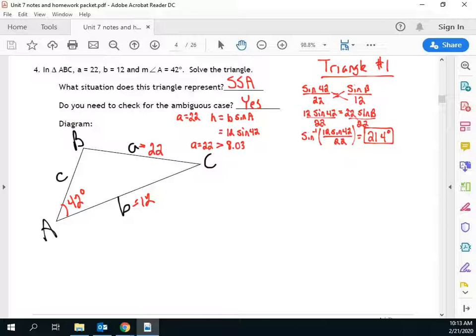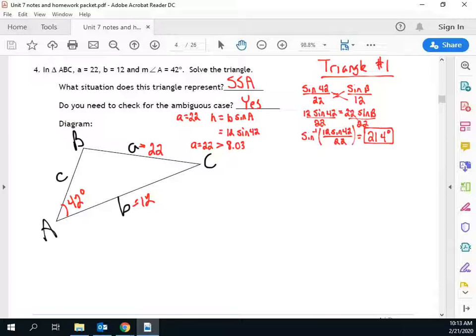We got an answer, so we know that a triangle does exist. Whether it's 1 or 2, we don't know yet, but we did get an answer here. If we had no triangle, we would have an error here, and we'd move on and say no triangle exists. This one we do have an answer, so that does exist. So we're going to go ahead now, guys, and finish this off.